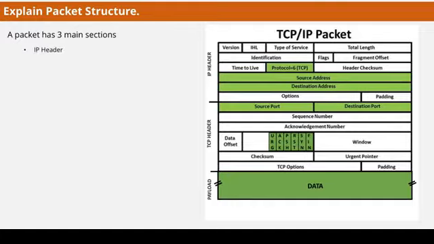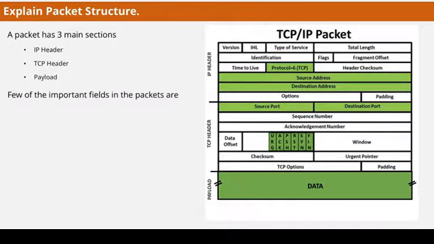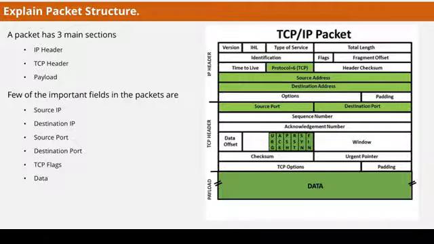Explain packet structure. A packet has three main sections: IP header, TCP header, and the payload. The important fields in the packet are source IP address, destination IP address, source port, destination port, TCP flags, and the data.